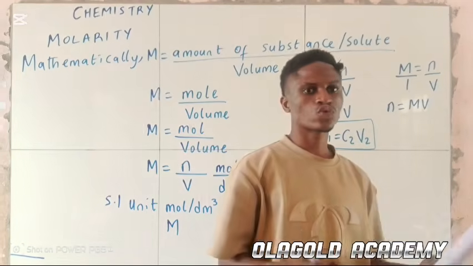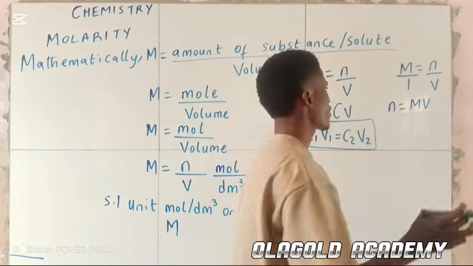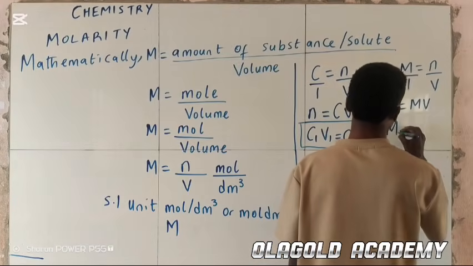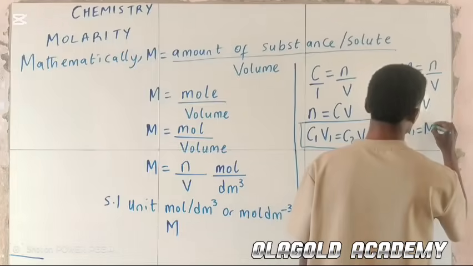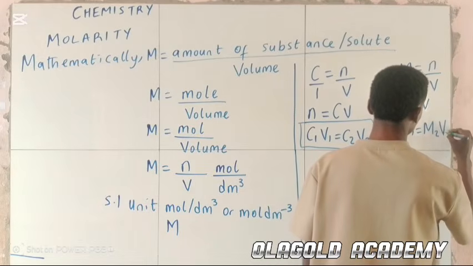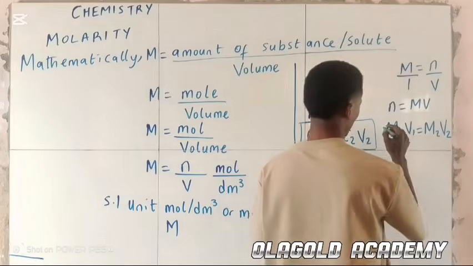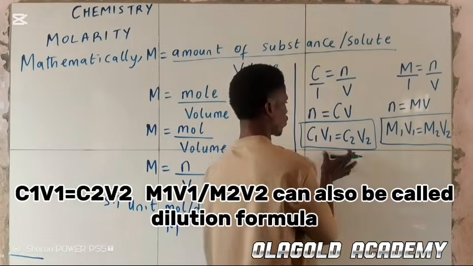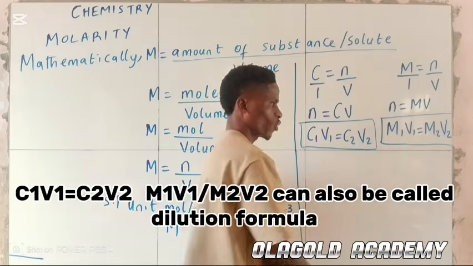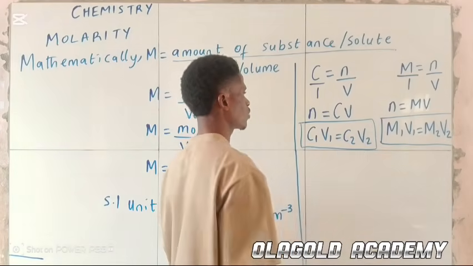On the account of two molarities and two volumes, I can have M1 V1 equal to M2 V2. We call this the dilution formula.